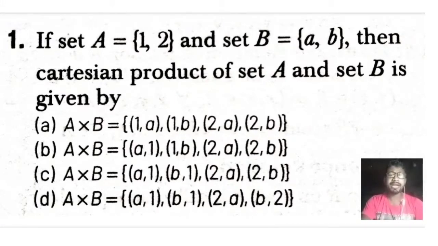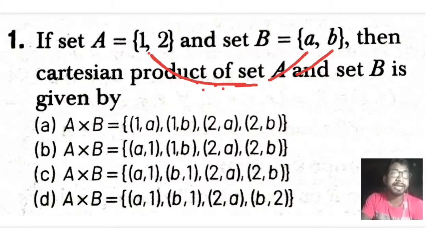So A cross B will be (1, a), (1, b), and so on. At first (1, a), then (1, b). There is only one option starting with (1, a), (1, b), and all the other options start from a. So our correct answer will be only option A. Understood everyone? Now go to the next question.